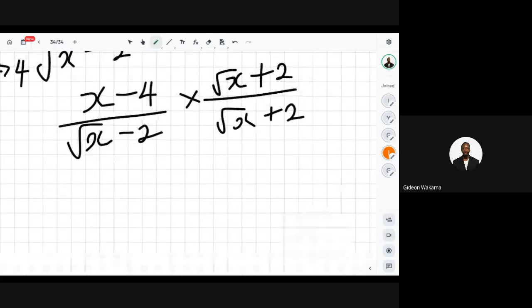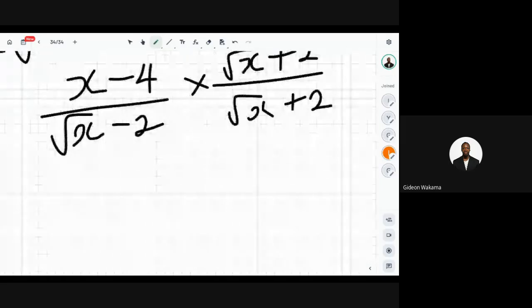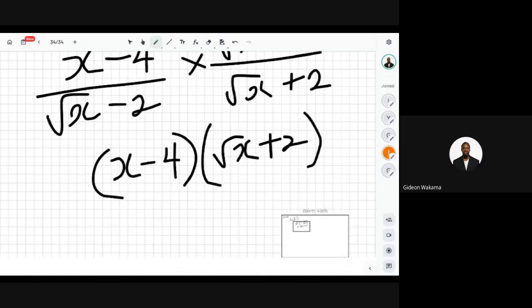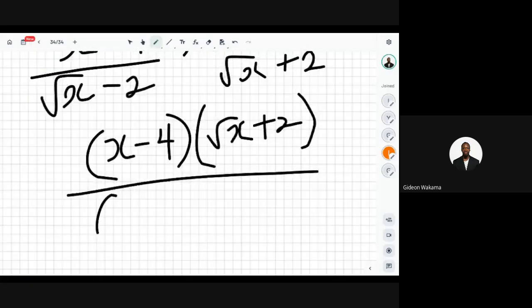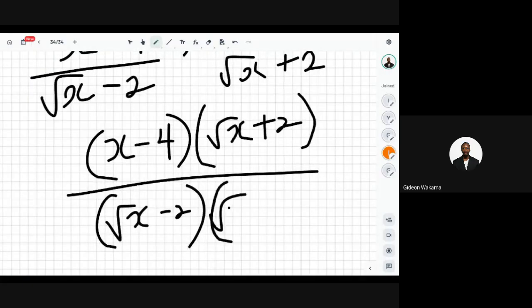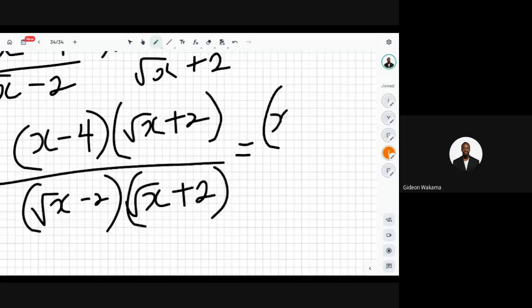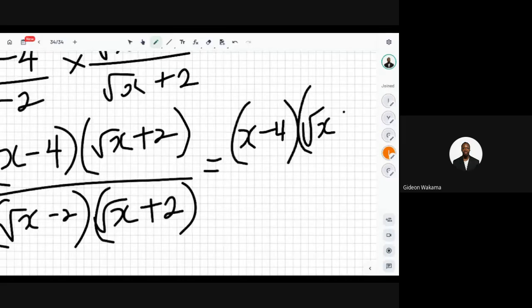Then we go on. So this one now is x minus 4 times root x plus 2, and this one is a difference of two squares: root x minus 2 times root x plus 2. So we have x minus 4 times root x plus 2 over x minus 4.